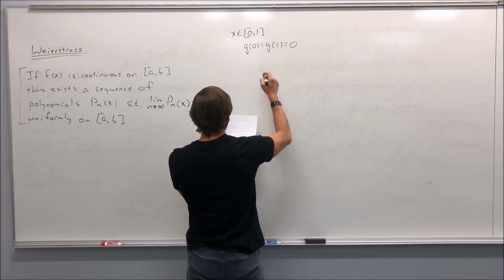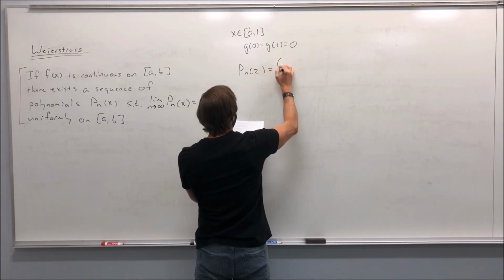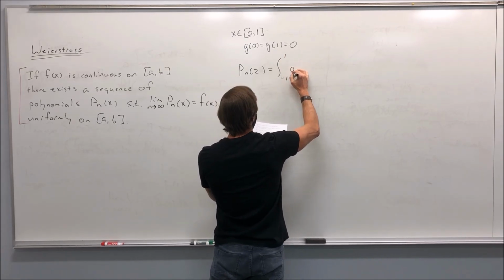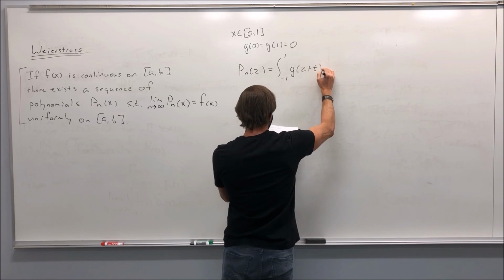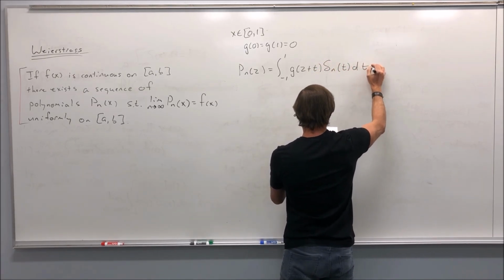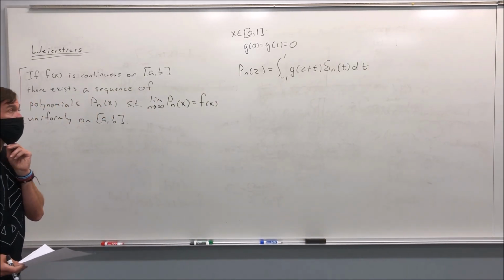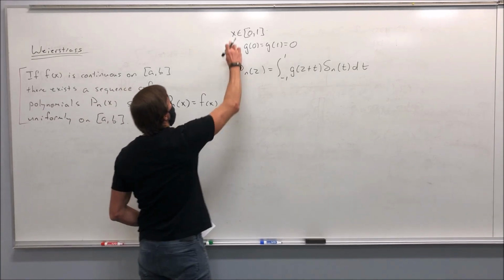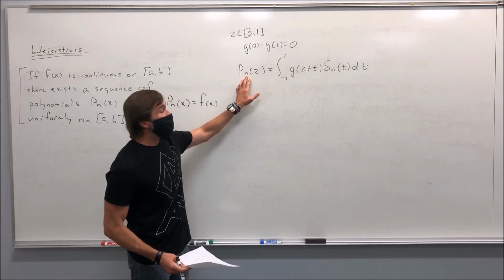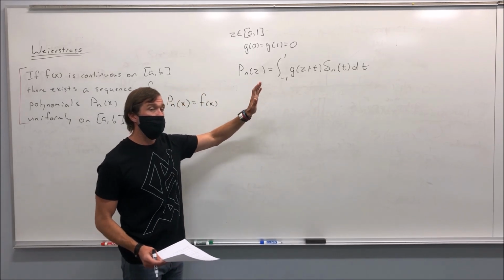Now what we're going to do is take P_n of z equals the integral from minus 1 to 1 of g of z plus t times delta_n of t dt. This is a sequence. You pick an integer n, and it's going to give you an element of the sequence.